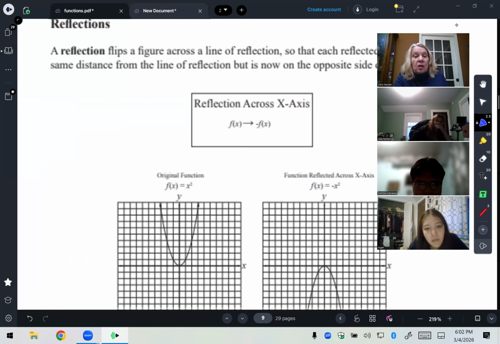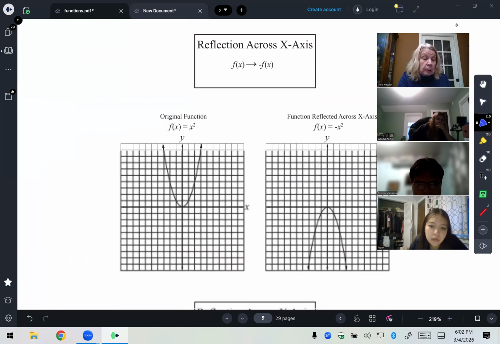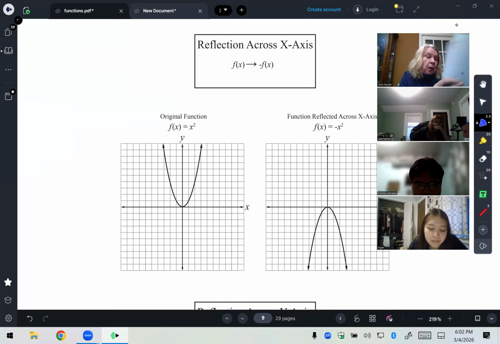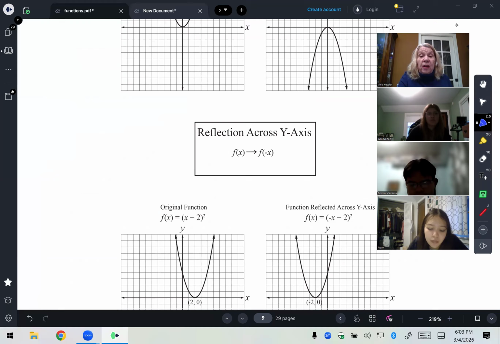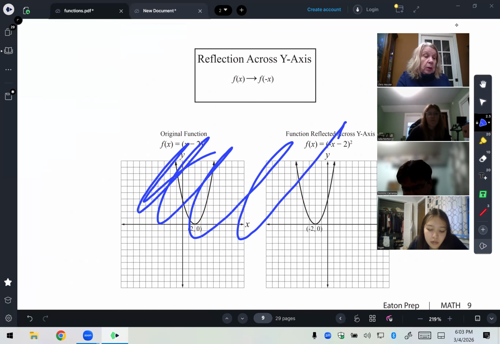Okay. So there's reflections across the x-axis, which is like a mirror, and we haven't seen any reflections across y, so we won't do that one.